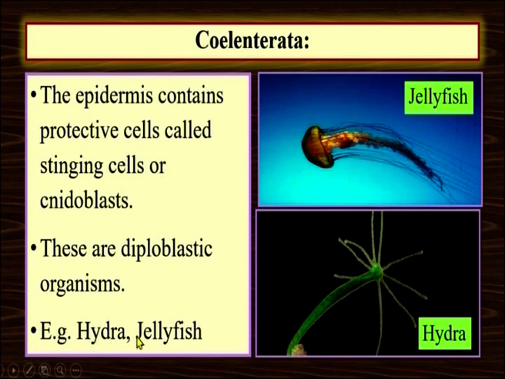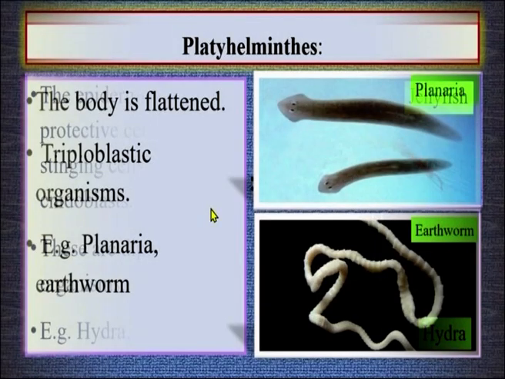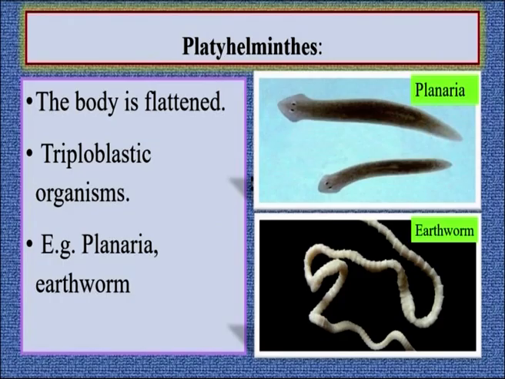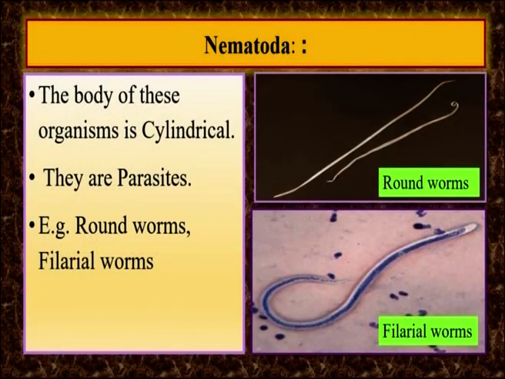Examples, hydra and jellyfish. Platyhelminthes organisms, their body is flattened and these are triploblastic organisms. Examples, planaria and earthworm. Nematoda organisms, the body of these organisms is cylindrical. They are parasites. Examples, roundworms and filarial worms.